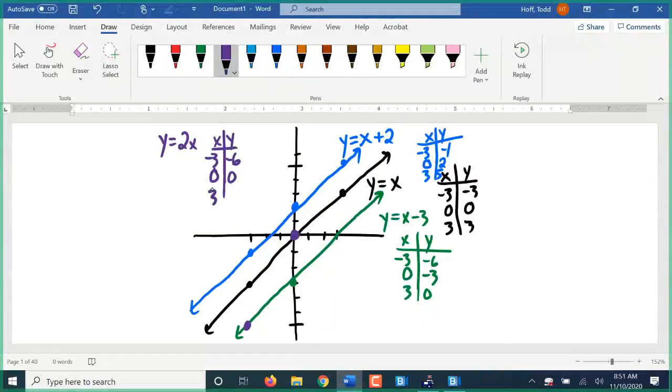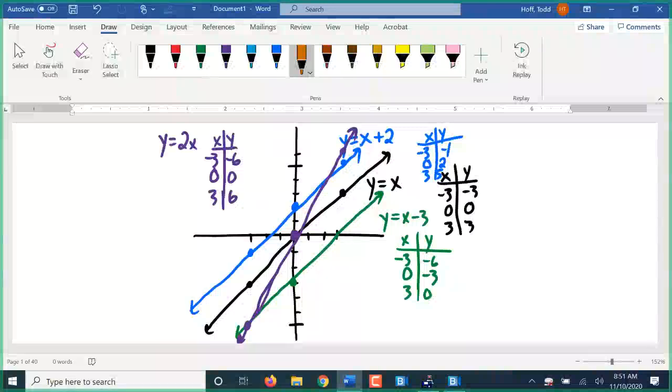If x is 3, 2 times 3 is 6. So 3, 6 would be right there. So I get a line like that. It goes through the origin again, but it's steeper now instead of 45-degree angle like the others were. So if we multiply the variable, it makes our line steeper.